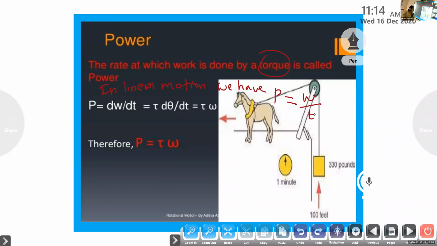Yes. After writing P is equal to work done by t, write the next line: therefore, change in work done in change in time, for a particle in a rigid system.